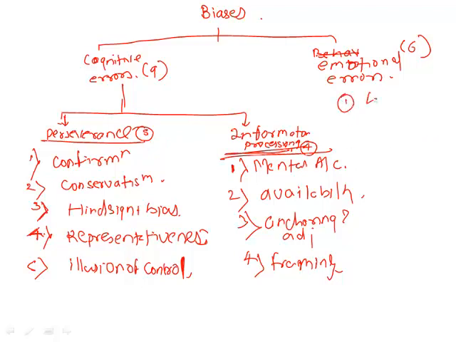For emotional biases, the first one is loss aversion. The second one is overconfidence. The third one is status quo.